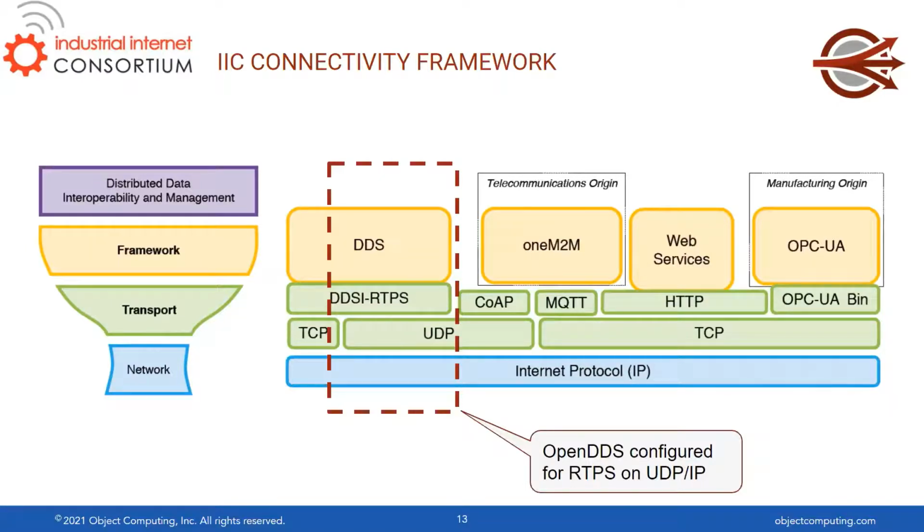In particular, it's important to consider both a framework level solution and a transport level solution, so that things that provide only a transport level solution are not addressing some of the common concerns of the framework layer. And as you might be aware, in this discussion today's webinar, we are talking about what's in the red dashed box here. So the selected framework in this application is OpenDDS, configured for the RTPS transport, and that runs on top of UDP/IP.